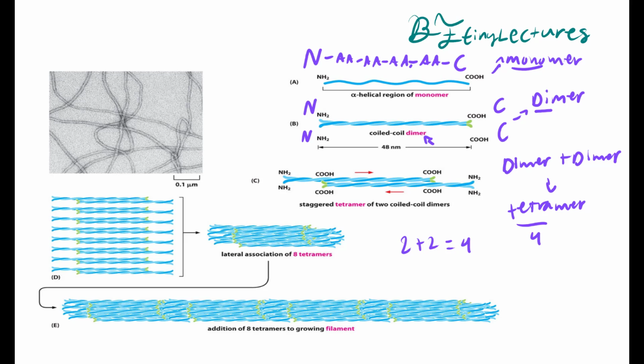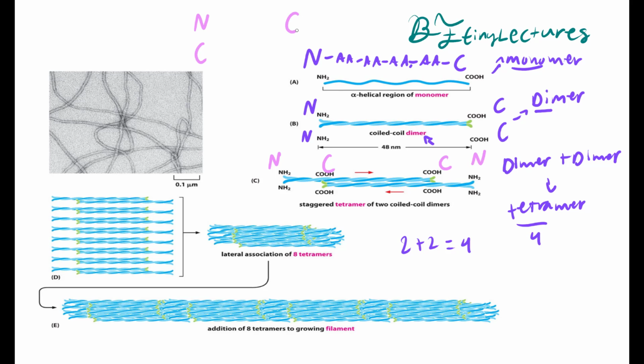But notice something different. Right here we have the N-terminus, and over here we have the C-terminus. Over here we have the C-terminus, and over here we have the N-terminus. So if you want to look at a simplistic image, we have the N-terminus on one dimer, and then we have the C-terminus on another dimer.